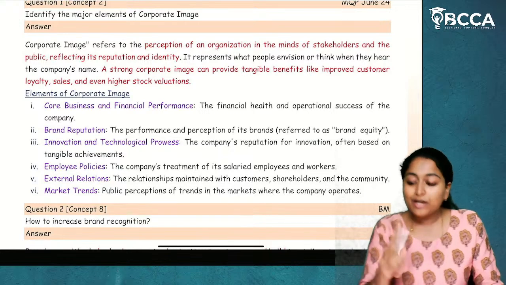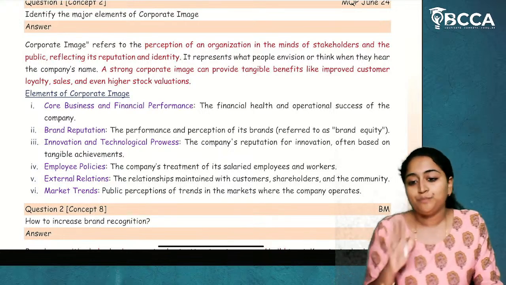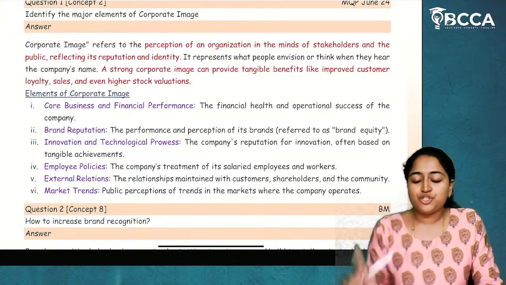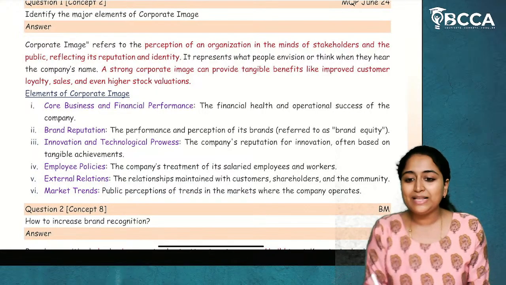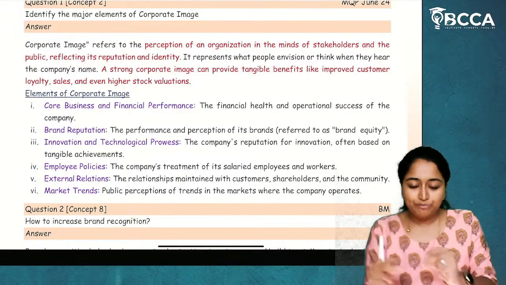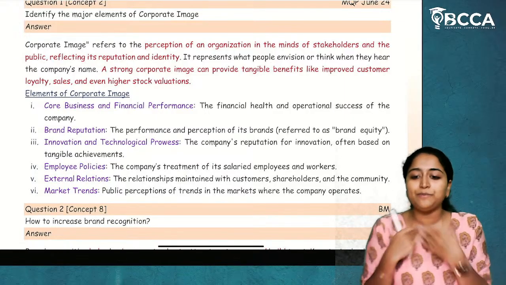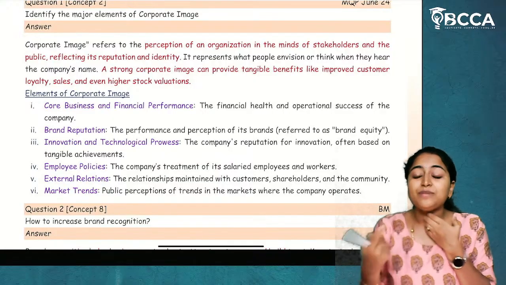Even if one of your friends comes and asks, bro, I want to purchase a watch, you will instantly tell him, go and purchase a Fastrack watch. That is the best watch because I'm using it. So it creates customer loyalty.